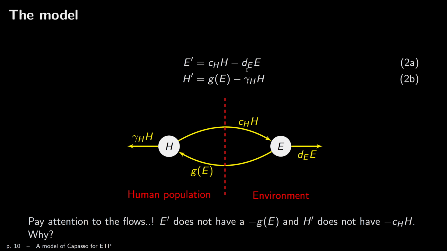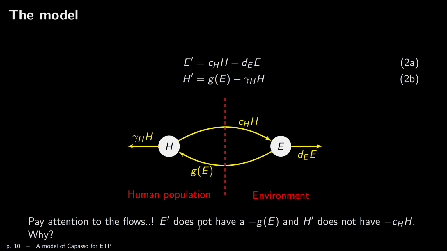Okay, so they are removed from the pool of pathogens in the environment. So this is really important. Okay. So this is what I write here. E prime does not have a minus G, and H prime doesn't have a minus CH. That was what I was just explaining.